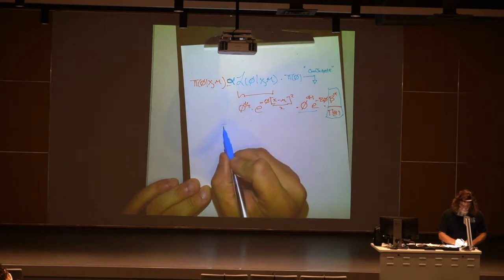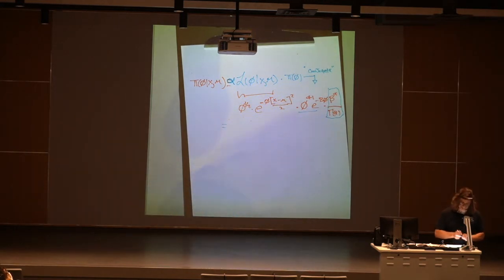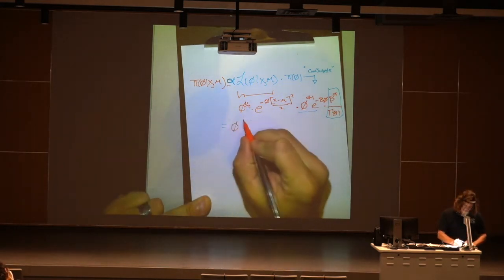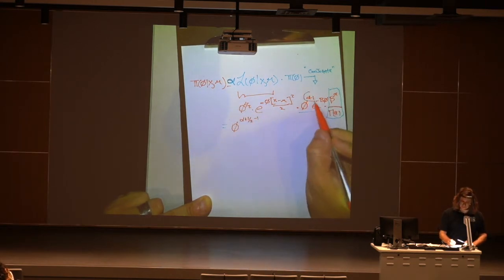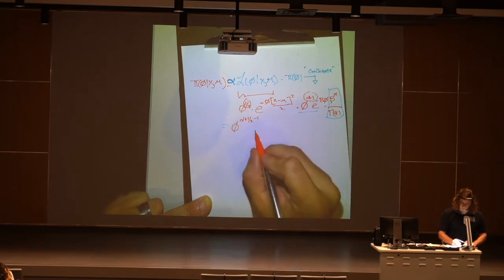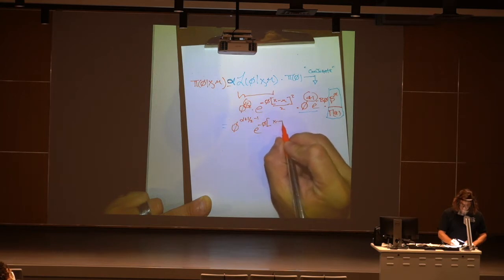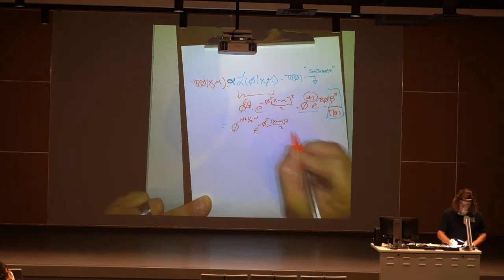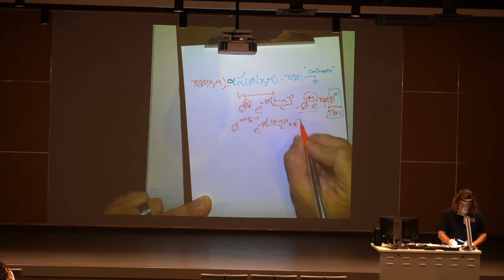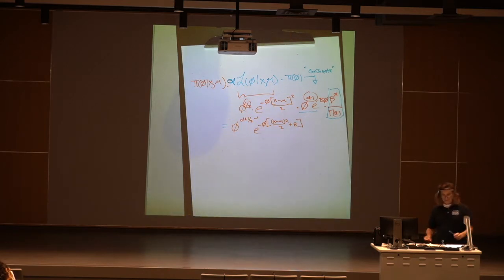This thing right here is just phi to the alpha plus 1/2 minus 1. So I'll just combine this term and this term. Now I'm going to combine the exponential. This is going to be x minus mu squared over 2 plus beta. That's it.